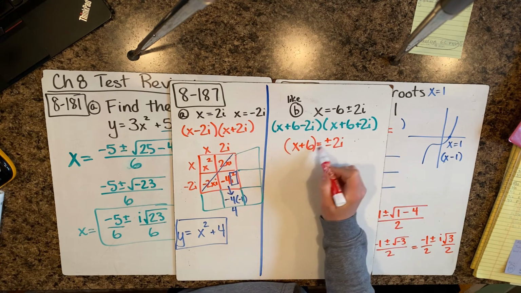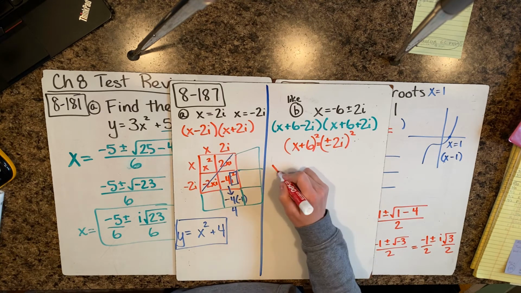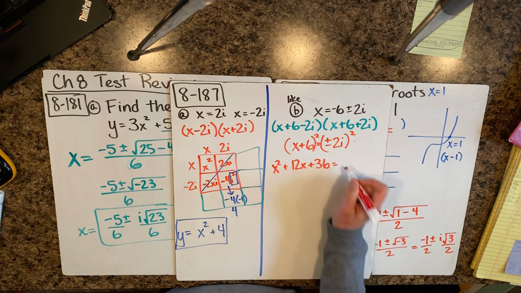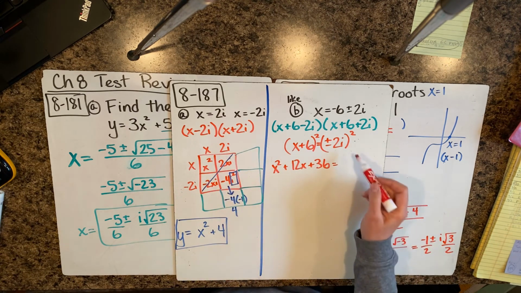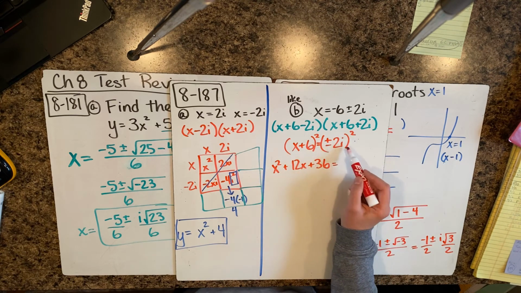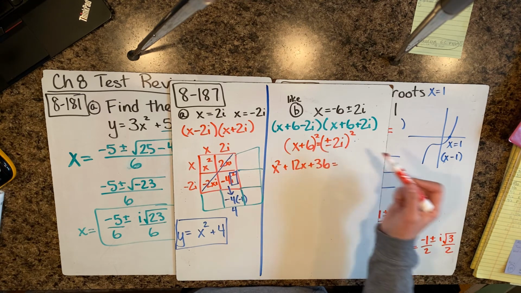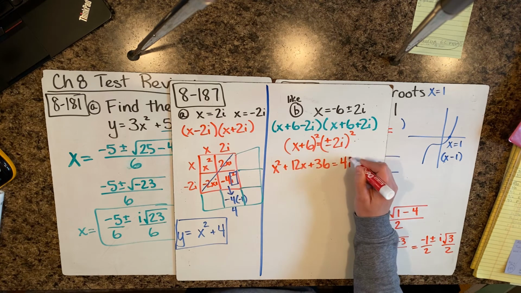Then if you square both sides, on the left, you actually have to square it out. So x squared plus 12x plus 36. Okay, go ahead and use a generic rectangle. If you can't do that in your head, no problem. And it doesn't matter if it's positive 2i squared or negative 2i squared. When you multiply either a positive or negative times itself, it's going to be a positive. 2 squared is 4, i squared is i squared.